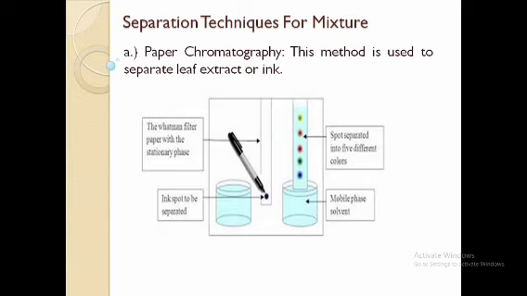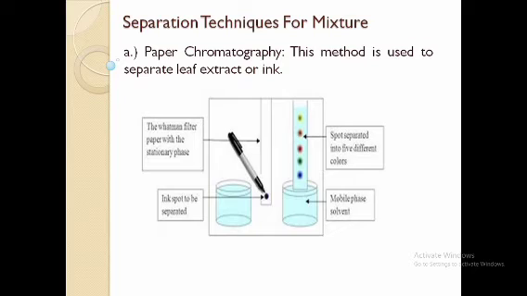The absorbent material is a strip of filter paper, and the solvent used is ethanol. So the leaf extract or ink is dropped on the filter paper and is allowed to dry. Then the strip of paper is suspended in the test tube containing ethanol by corking the end of the paper.